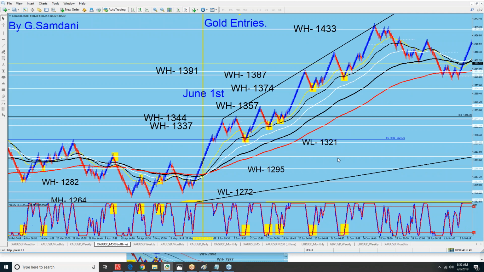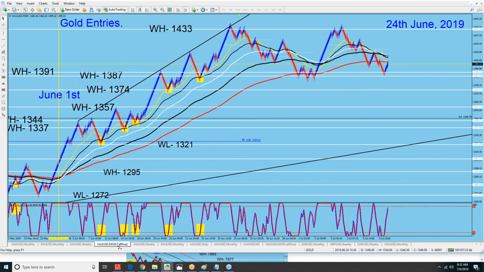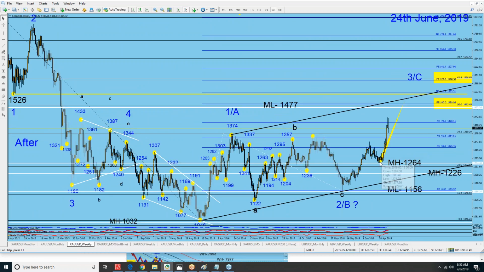If something is working, then why go all over the place, right? That's nonsense to me. My analysis, you can see my weekly chart, my monthly chart, my gold chart. When it was here, I said we're gonna go up, and look what happened. By the way, I don't want to go back, but when we were here, I said we're gonna go up right here. So we are going slowly towards wave 3.